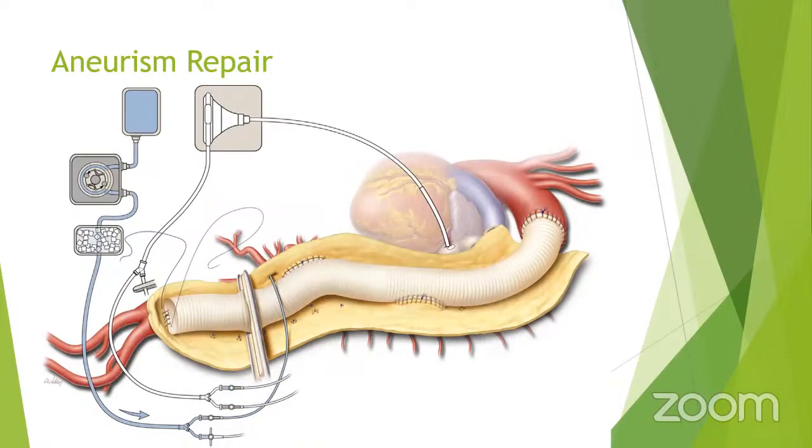The celiac, SMA, and the right renal arteries can be anastomosed as one island or individually to the graft. In the picture, they are shown to have been anastomosed as one island. The left renal is usually anastomosed individually. The proximal clamp is moved distally after each anastomosis to maintain perfusion.